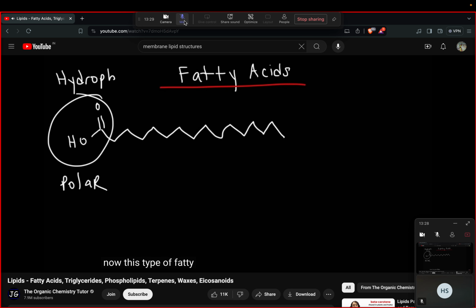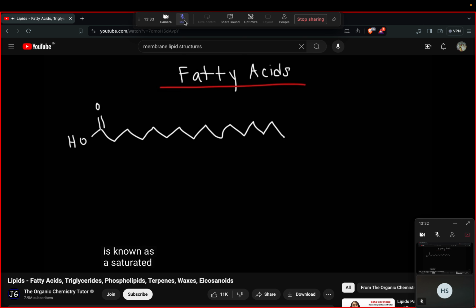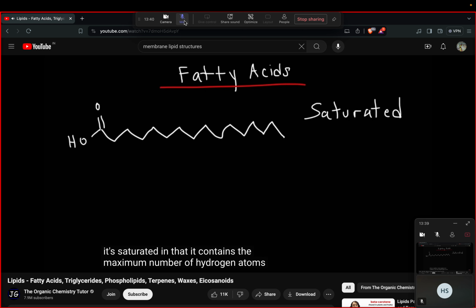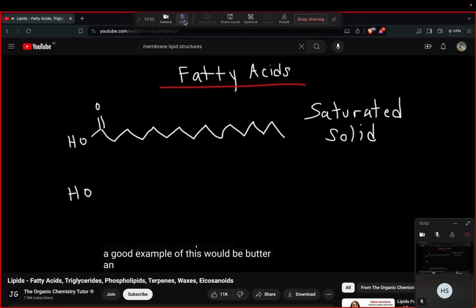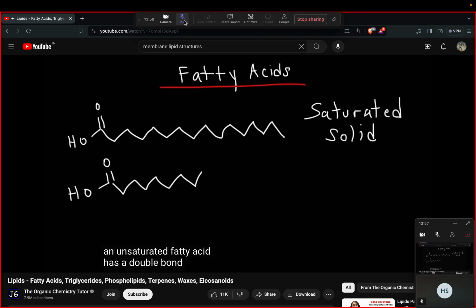Now, this type of fatty acid is known as a saturated fatty acid. It's saturated in that it contains the maximum number of hydrogen atoms that you can pack on this molecule, and there's no double bonds. Saturated fatty acids are solid at room temperature. A good example of this would be butter. An unsaturated fatty acid has a double bond. So it looks something like this.